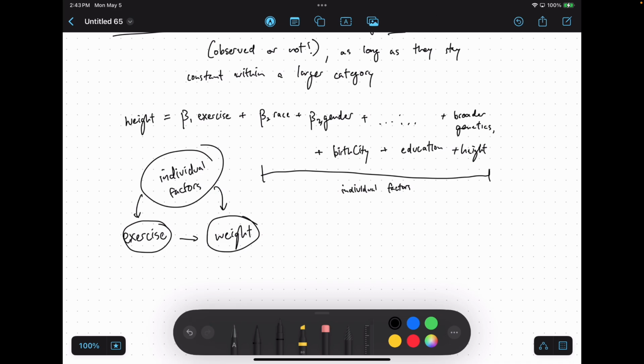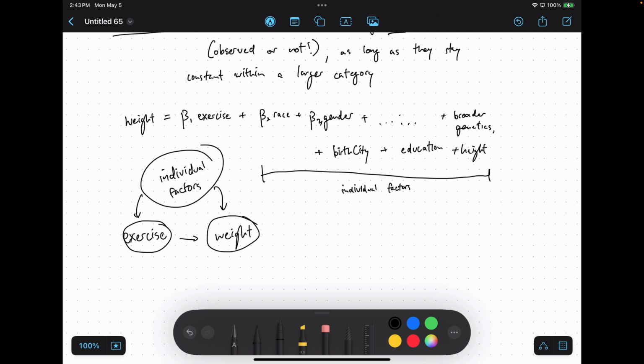Okay. And so remember in this cloud of things, there could be all these things like race, gender, you know, where you're born, your education, your height, whatever, your broader genetics.